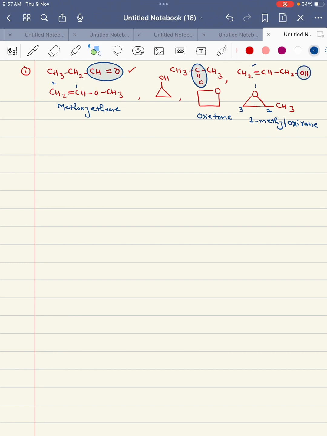It is an unsaturated ether. Now this is a cyclic alcohol. It is a cyclic ether, the name is oxirane. Now I'm going to decrease the size of the parent chain, and I got 2-methyl oxirane. Very, very important.